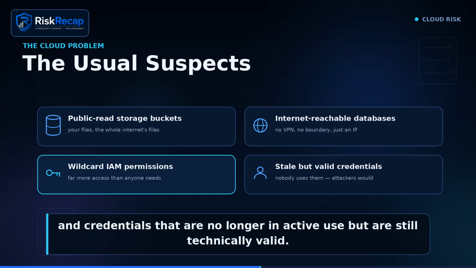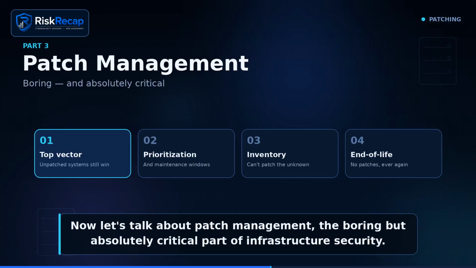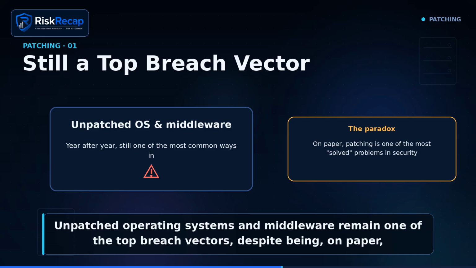Now let's talk about patch management, the boring but absolutely critical part of infrastructure security. Unpatched operating systems and middleware remain one of the top breach vectors, despite being, on paper, one of the most solved problems in security.